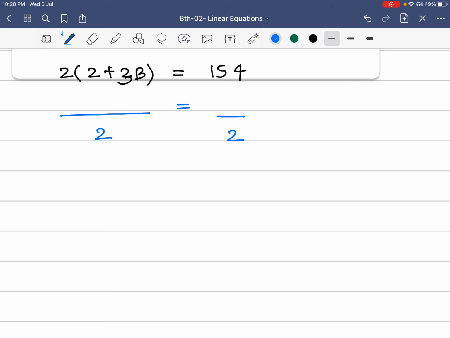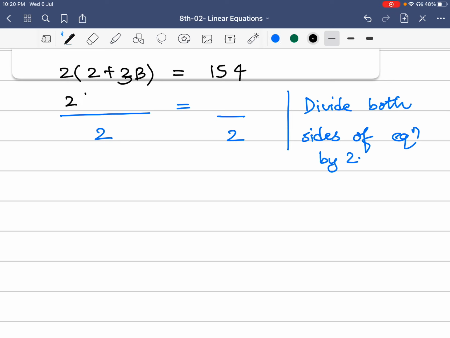Divide both the sides of equation by 2. This was 2 into 2 plus 3b, and this was 154. We are going to get rid of this 2.